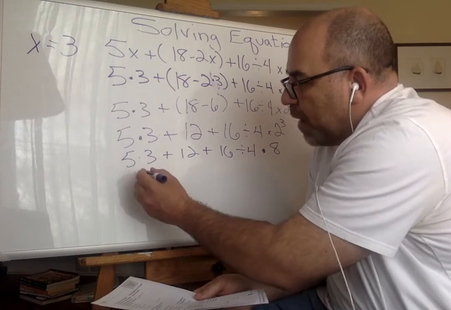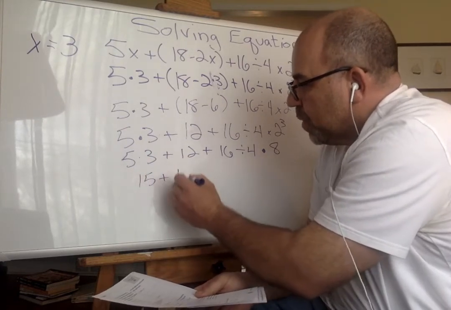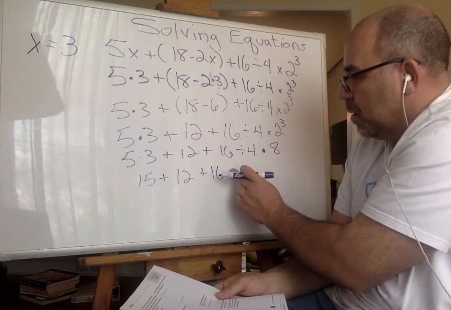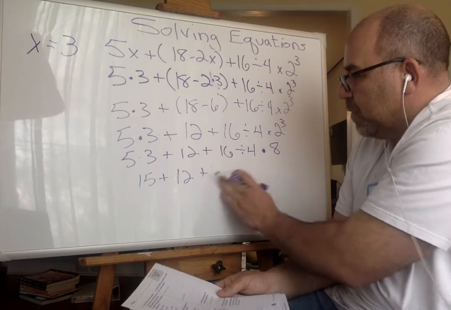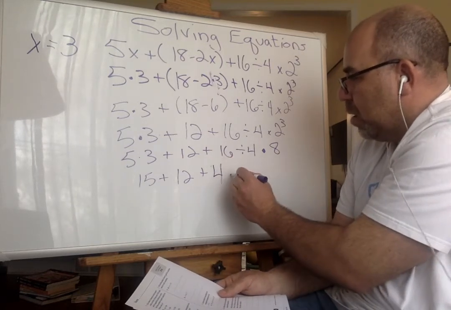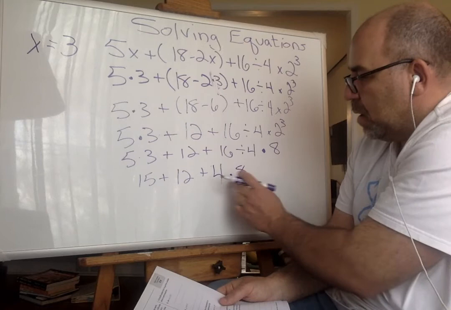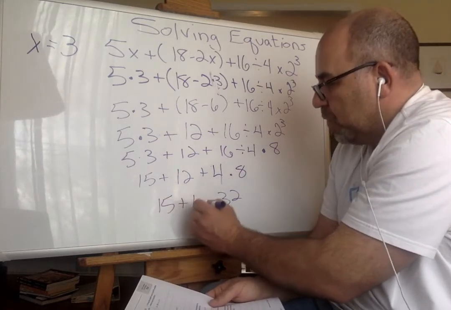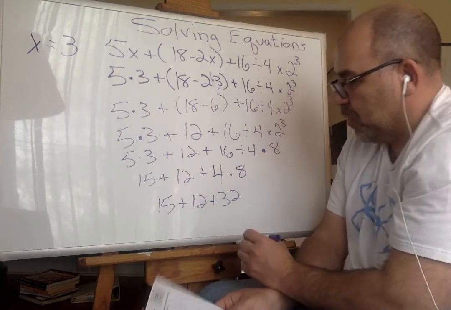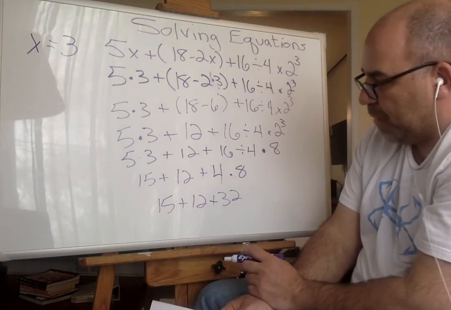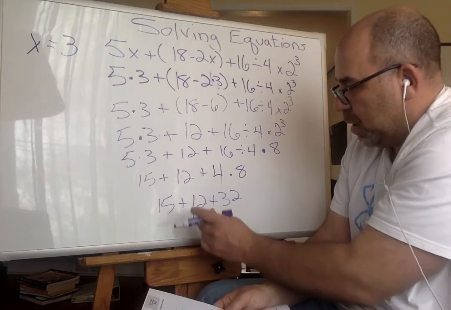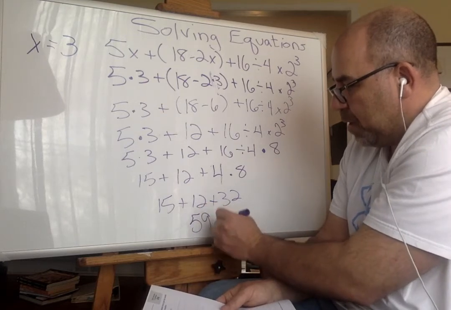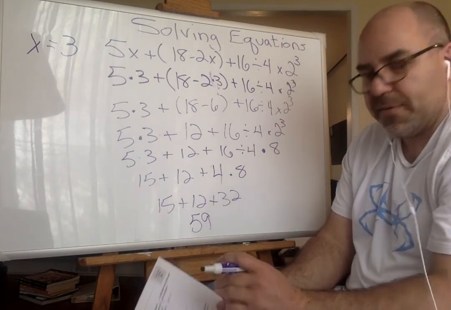So left to right, 5 times 3, 15, plus 12, plus 16 divided by 4 is 4, times 8. Now I do 4 times 8, which is 32. 15 plus 12 plus 32. 15 plus 12 is 27. Plus 32 is 59.